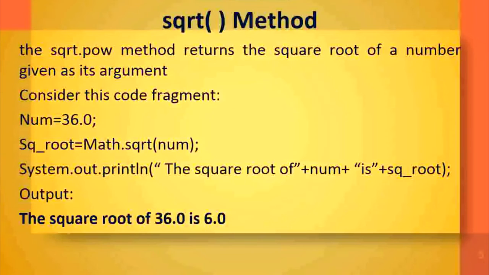System.out.println: the square root of num is sqrt_root. So the square root of 36 is 6. The output produced by the above code fragment will be: the square root of 36 is 6.0.